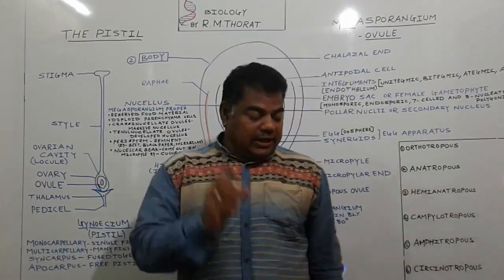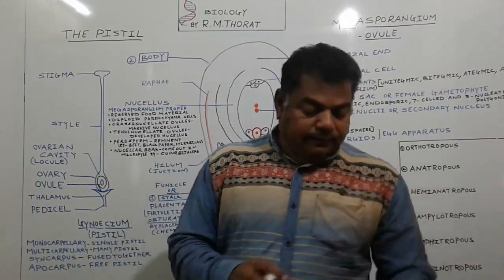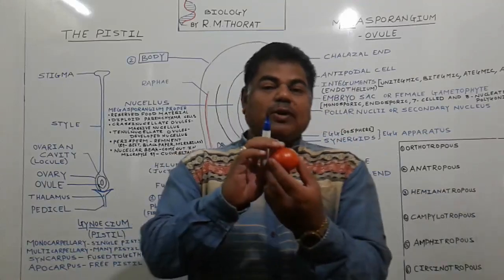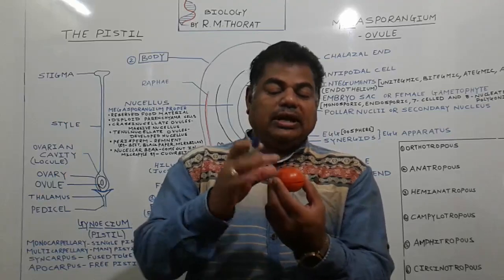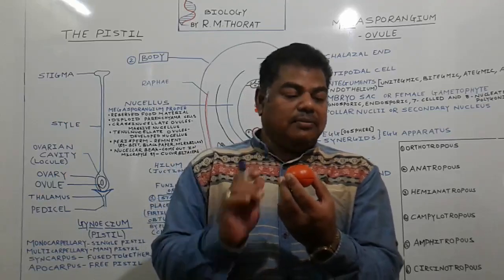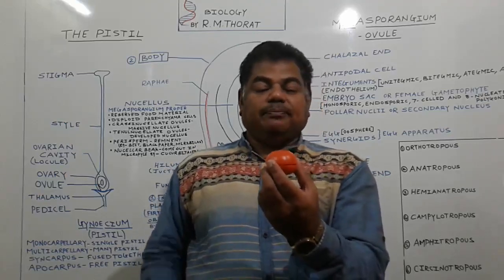In case of one example, see here, this one we call a tomato. Now the botanical name of this tomato is Solanum lycopersicum.